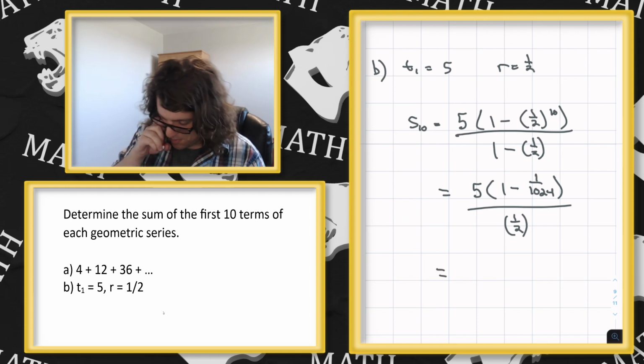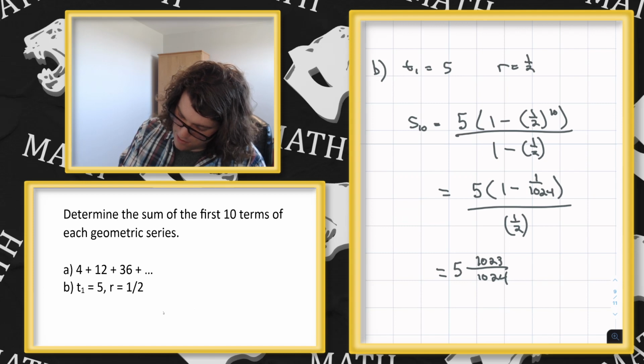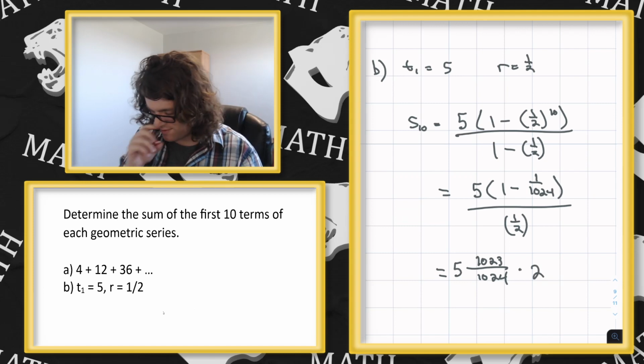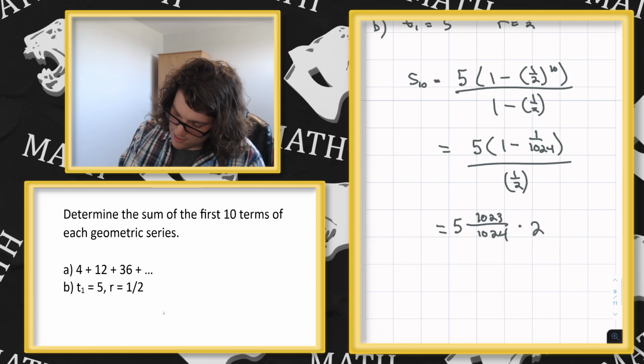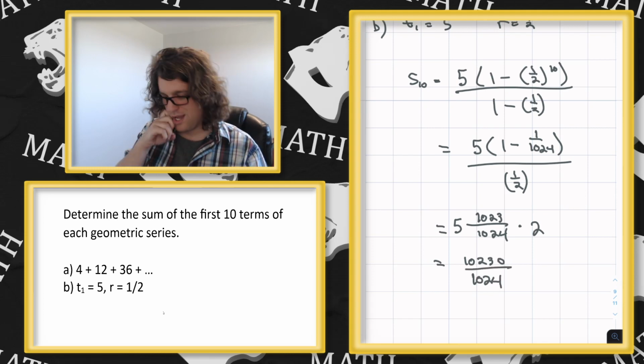So up top, we would get 1023 over 1024 times the 5 that's still out front, times 2. Dividing by half is the same thing as multiplying by 2. And so we would end up with 10 times whatever's up top. So something like that.